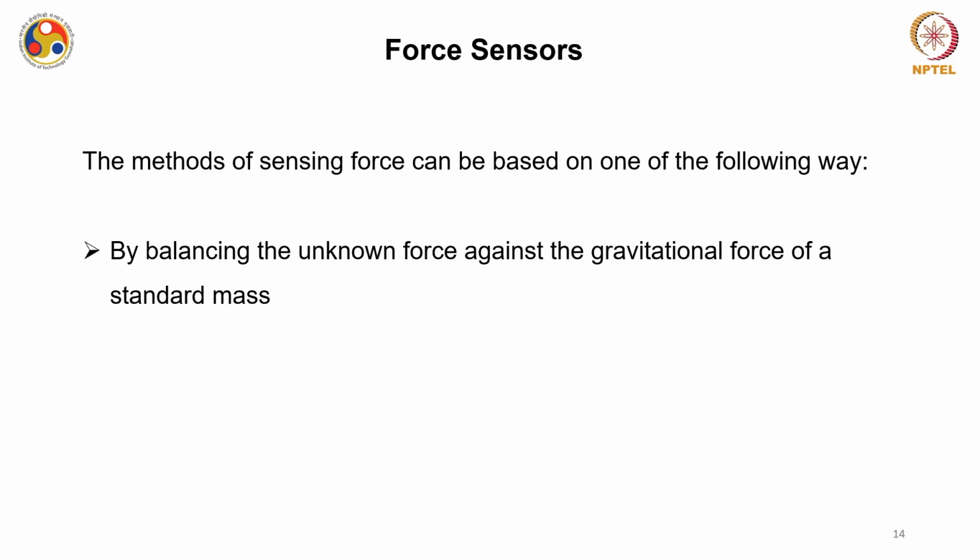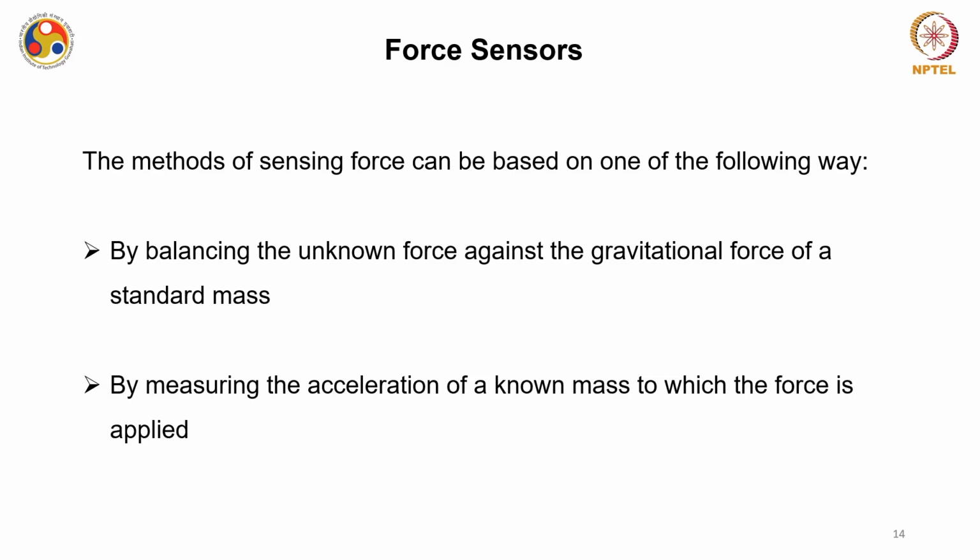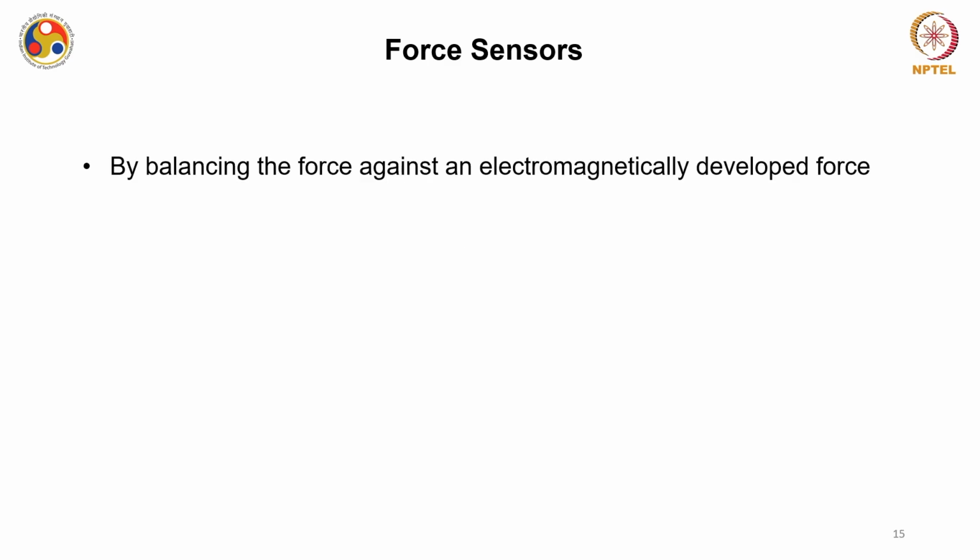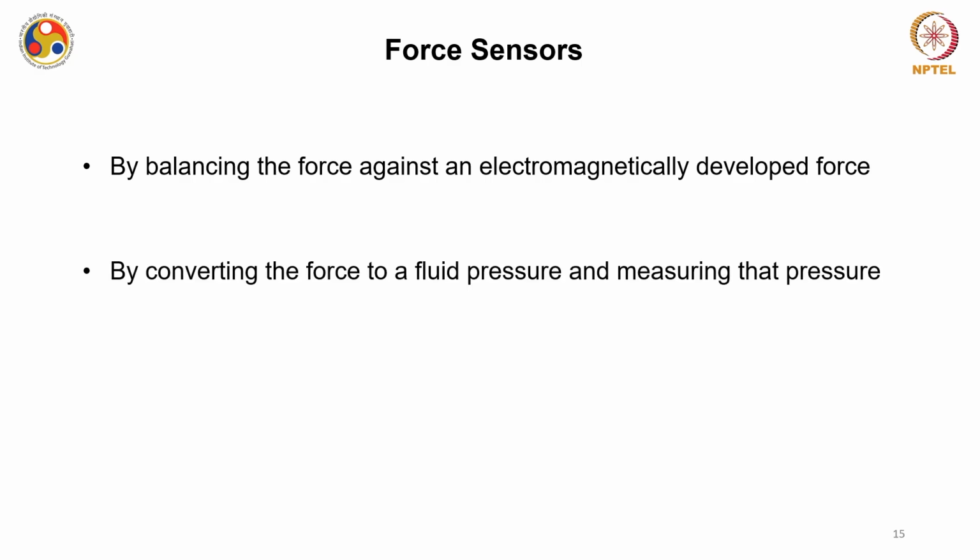Similarly, by measuring the acceleration of an unknown mass to which the force is applied, you can indirectly find the force. Balancing the force against an electromagnetically developed force is another way to find the applied force, and is the principle behind many force sensors.